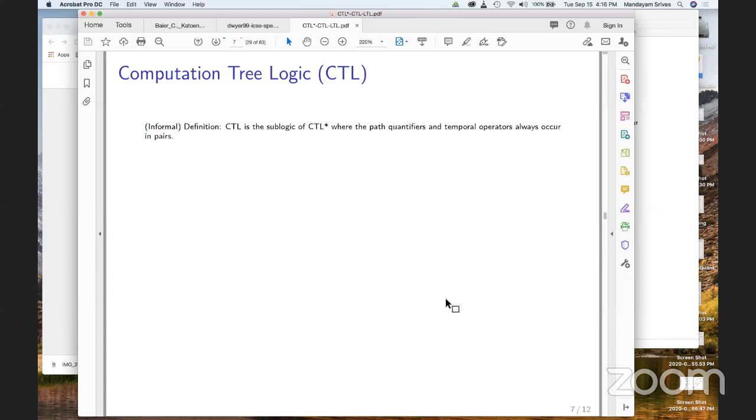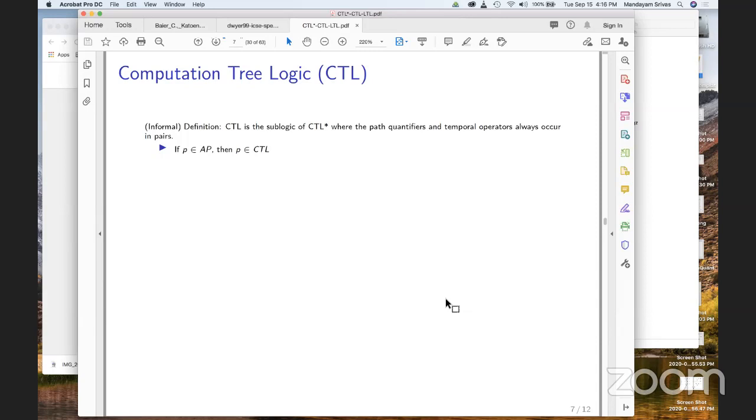Okay, so CTL. Informally, CTL is a sublogic of CTL star. Remember that CTL star had state formulas and path formulas. CTL is a sublogic of CTL star where the path quantifiers and temporal operators always occur in pairs, in the sense that as soon as you apply a temporal operator, you have to immediately follow that with a path quantifier, converting it into a state formula.